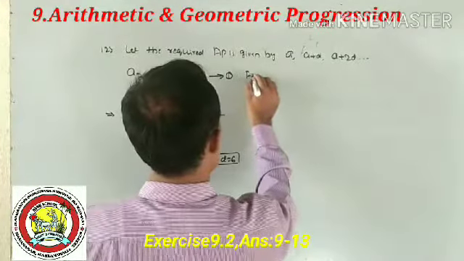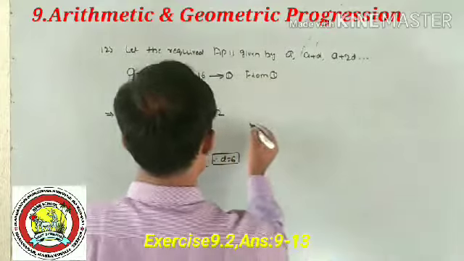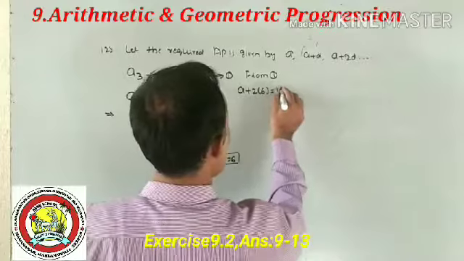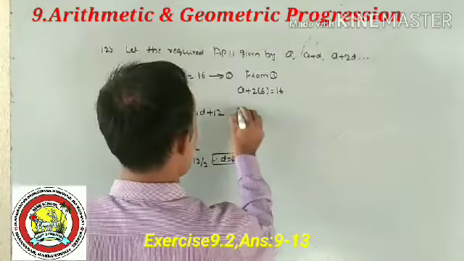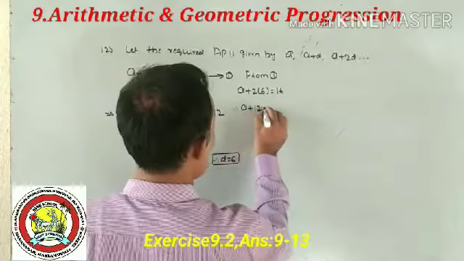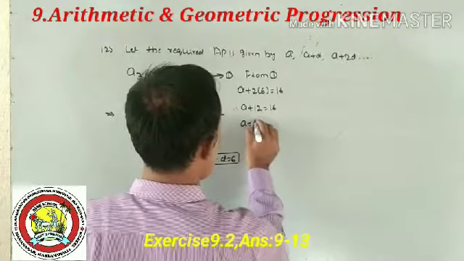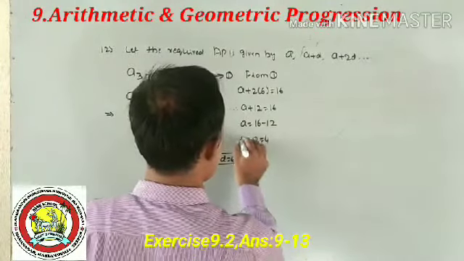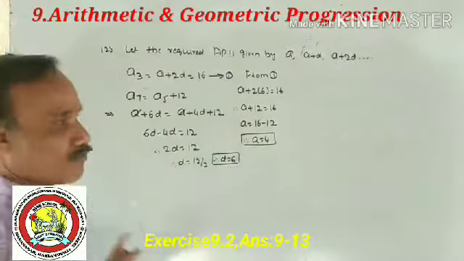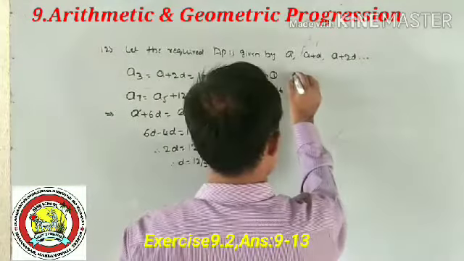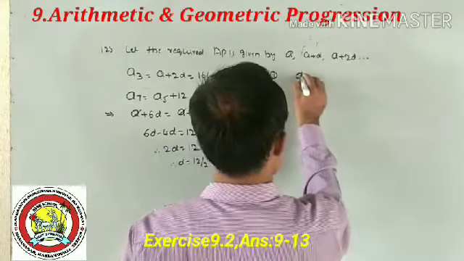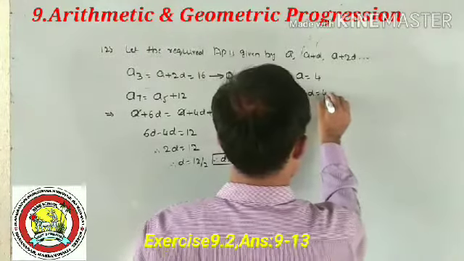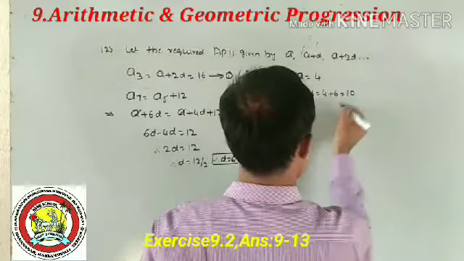Next, from equation 1, A plus 2 into D value 6 is equal to 16. Therefore A plus 12 is equal to 16. A is equal to 16 minus 12. Therefore the value of A is equal to 4. Now you write the terms one by one. First term A is equal to 4. Second term A plus D, 4 plus 6, 10.